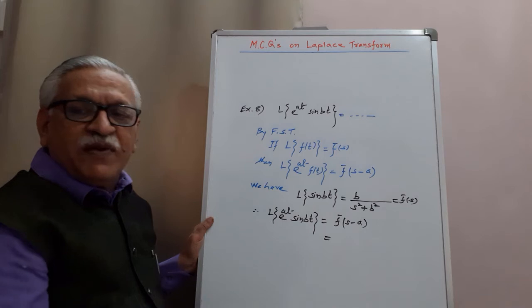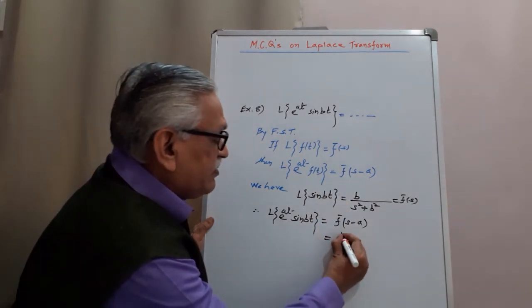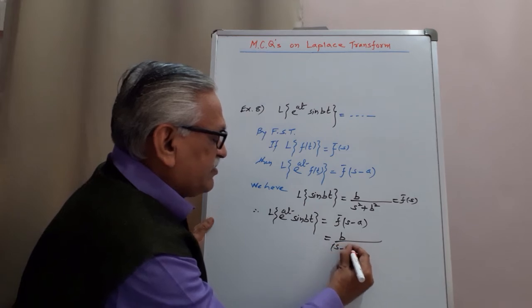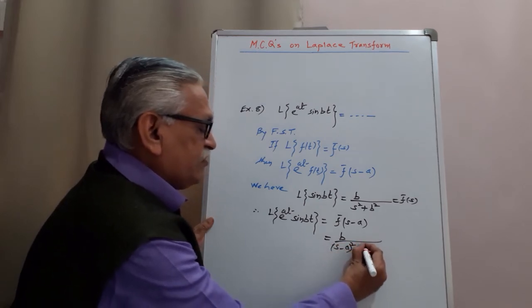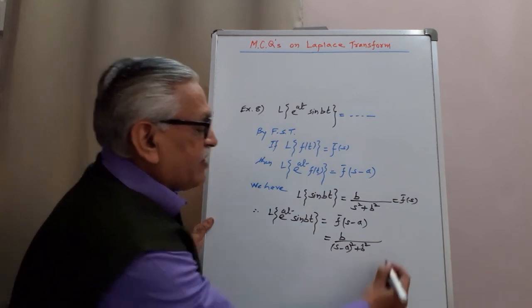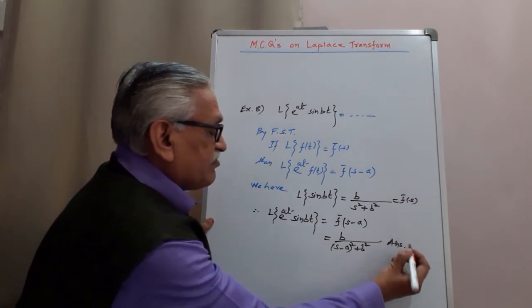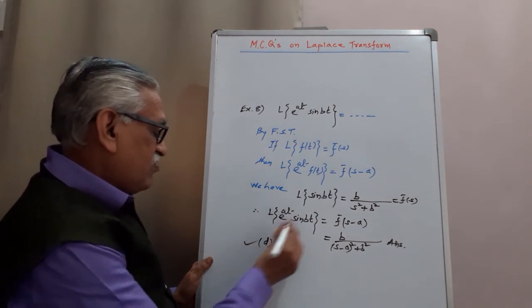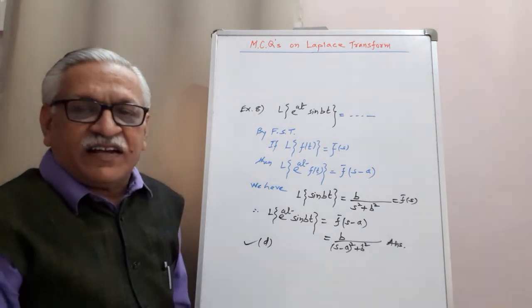Replacing everywhere s by s minus a, we get b upon s minus a whole square plus b square as the required answer. Option D is the correct answer.